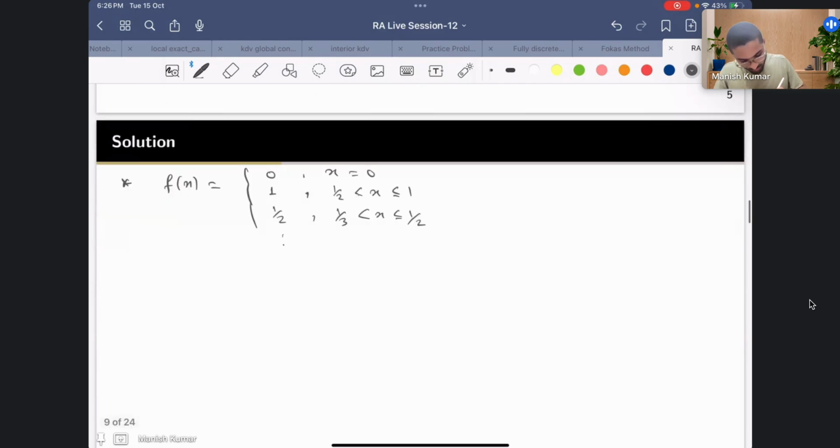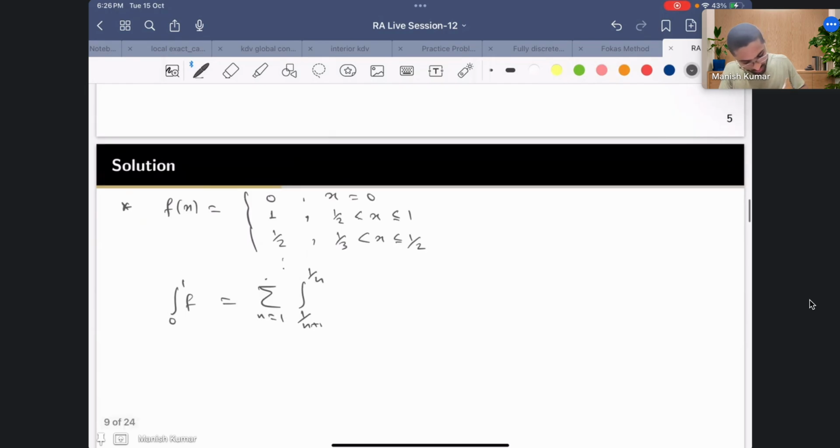Now if you want to integrate this function f over 0, 1, you just split this whole interval. You can write it as the interval from 1 by n plus 1 to 1 by n, where n starts from 1 to infinity. Then this whole 0, 1 interval will be covered by this kind of interval.